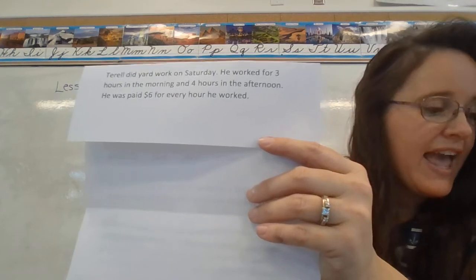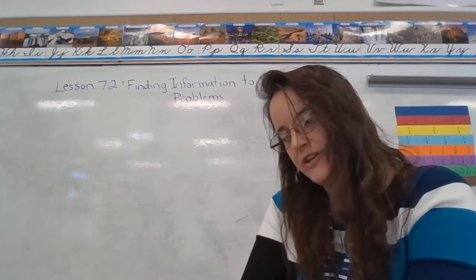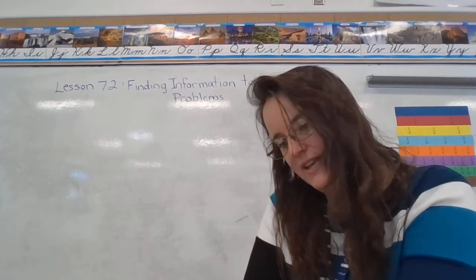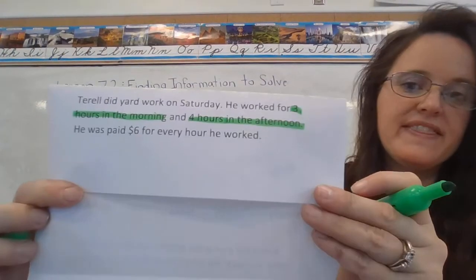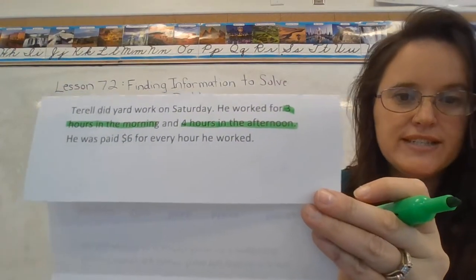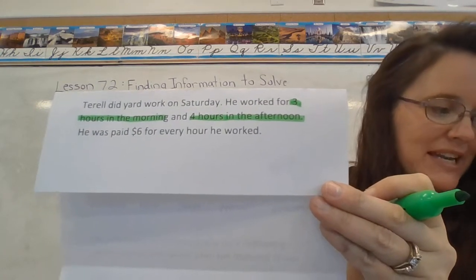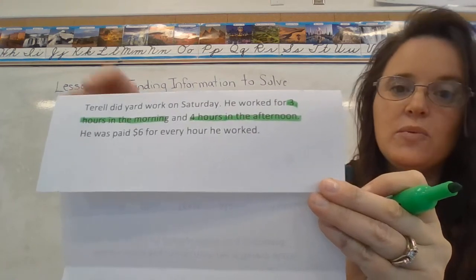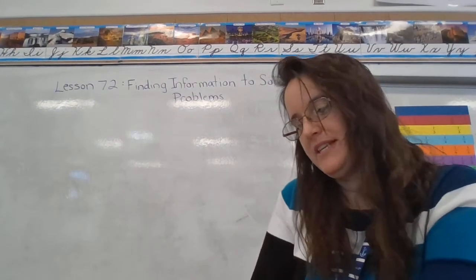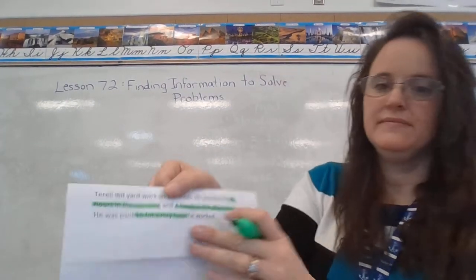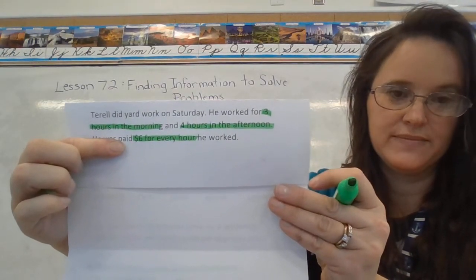Okay, so question A, how many hours did Terrell work in all? Well, it tells us he worked for 3 hours in the morning and 4 hours in the afternoon. Here we've got that highlighted. So how many hours did he work? 7 hours. How much money did he earn in the morning? So we know that he worked 3 hours in the morning, and we need this piece of information. He earned $6 for every hour he worked.